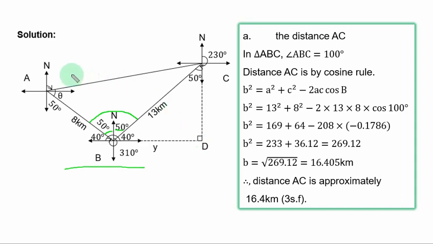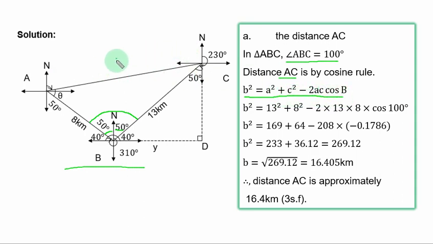Let's go back and get the distance AC. It is by cosine rule. This angle is 100 degrees. Distance AC is by cosine rule, so this is the rule.